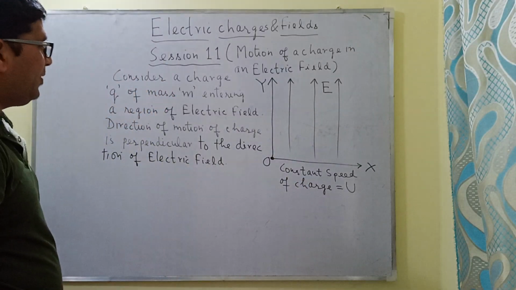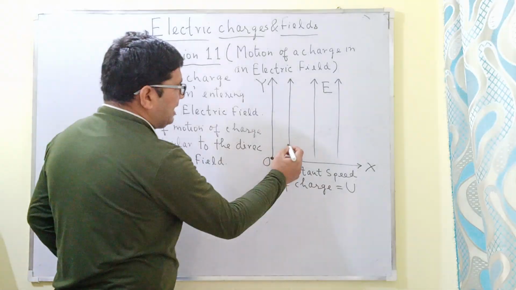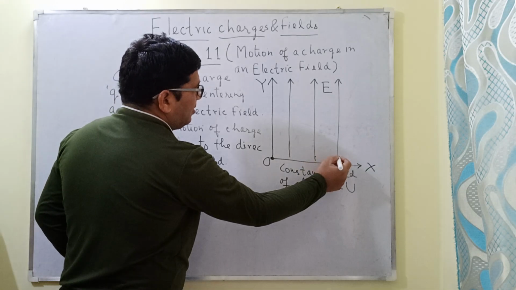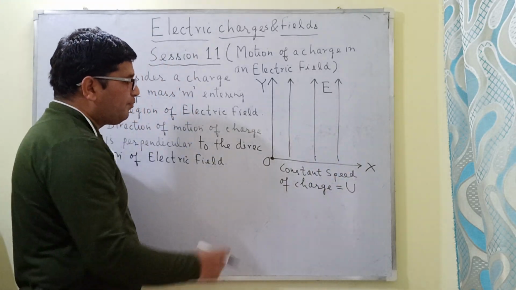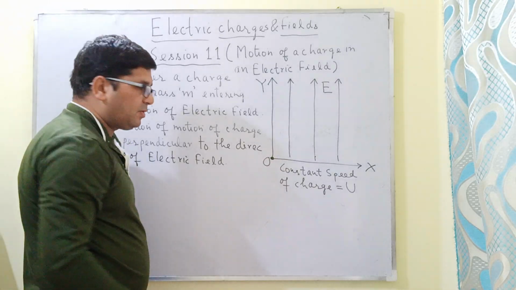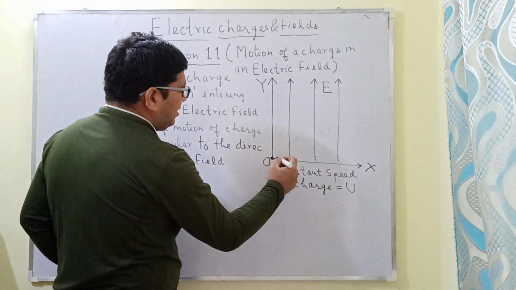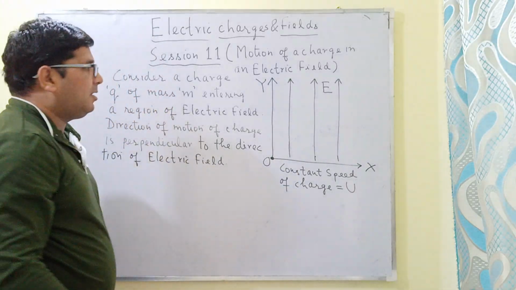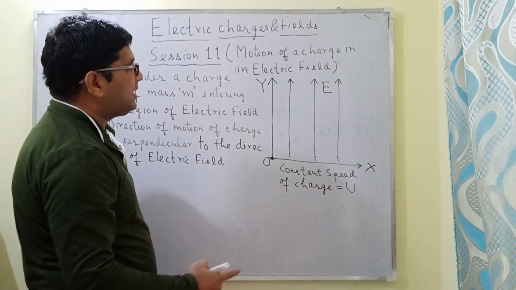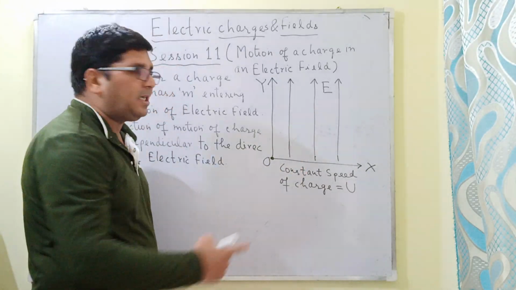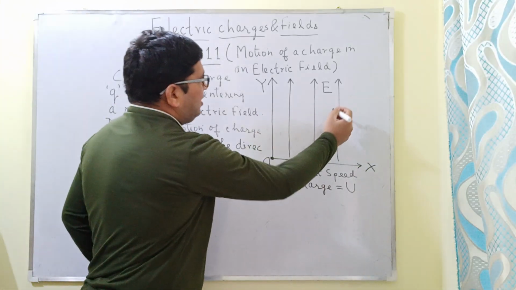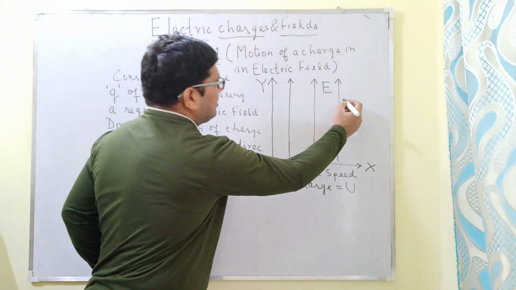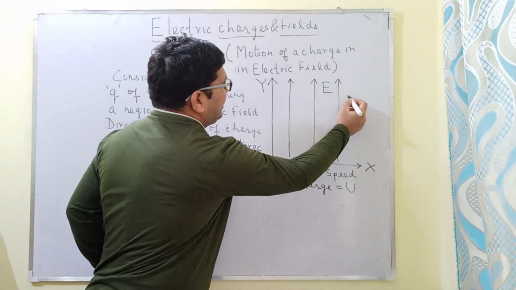Now when this charge enters this region of electric field, whose direction is perpendicular to the direction of motion of the charge, this charge will experience an electrostatic force whose direction will also be the direction of the electric field. That is, the electrostatic force will be directed upward.